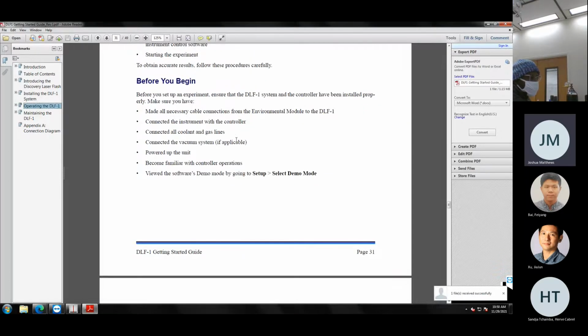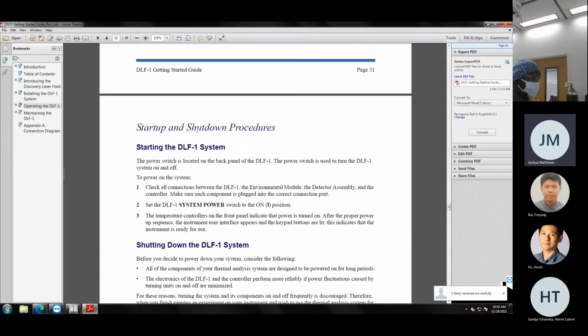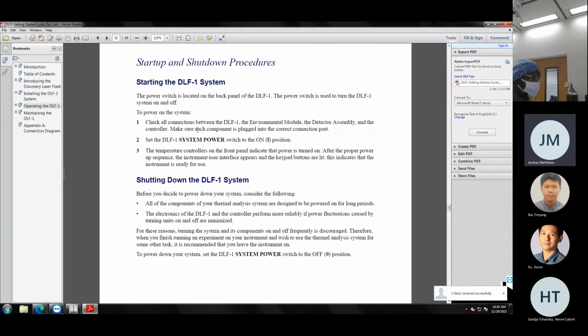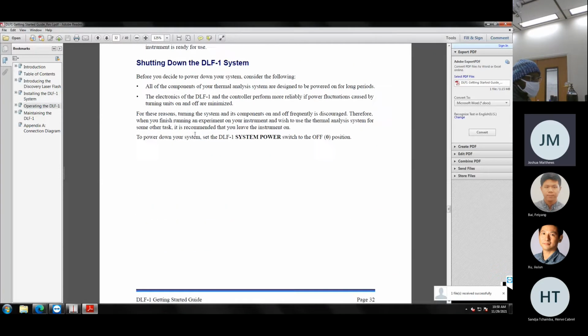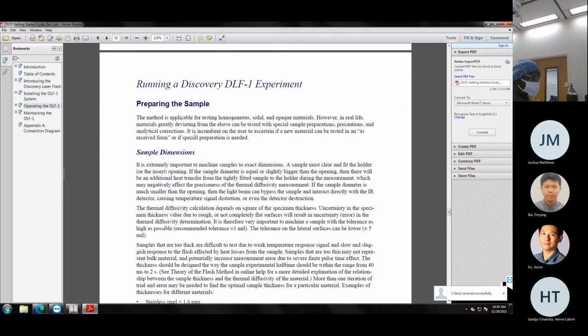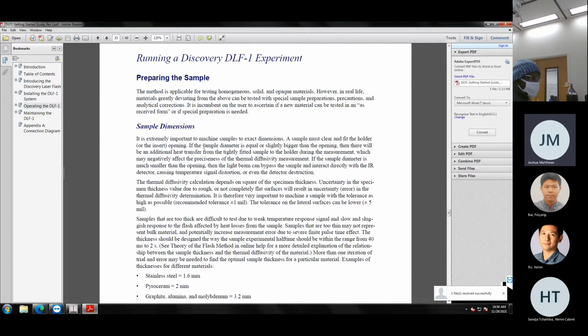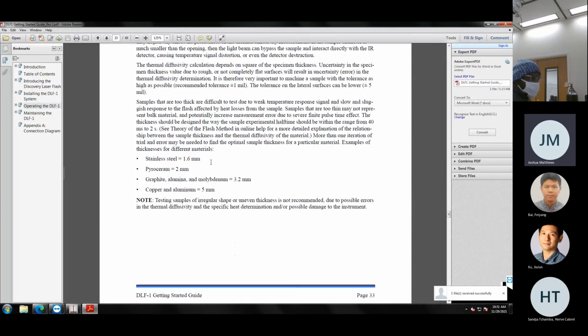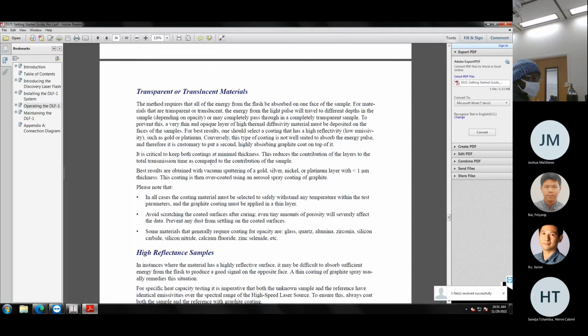It gives you things that should be taken into consideration before you start. And then power on, shut down. Preparing samples, this is good. It talks about sample dimension. That's very important when you're working with these transparent and translucent materials. Remember, we talked about that.